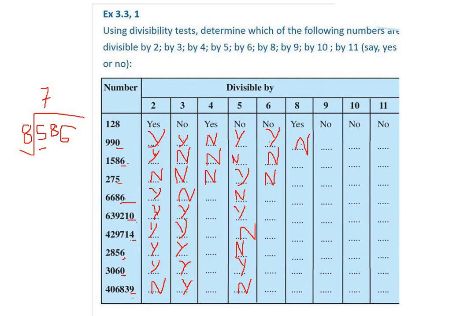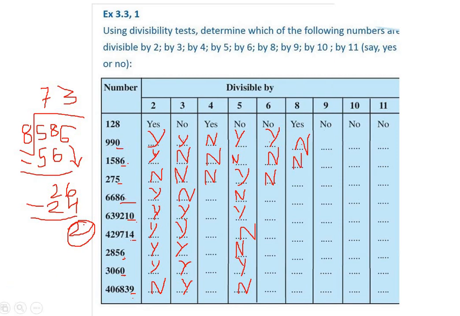We write 7 here, and get 2 after subtracting, and bring 6 down, it's 26. 8 3s are 24, so we write 24 here, and if we subtract, we get 2 as the remainder. As we can see, this has not given remainder 0, so the whole number 1586 is also not divisible by 8, so writing no here.